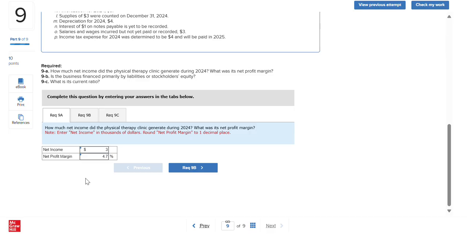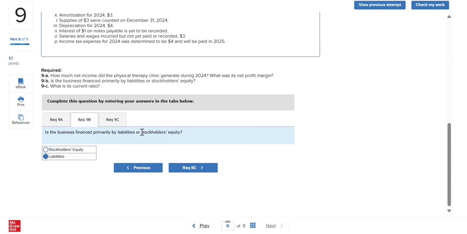And this means that for every dollar the company earned in revenue, it kept about 4.7 cents as profit after covering all costs and expenses. And this tells us the business is making a small profit, which is good, but there's still room to improve the company's overall efficiency and profit margin.